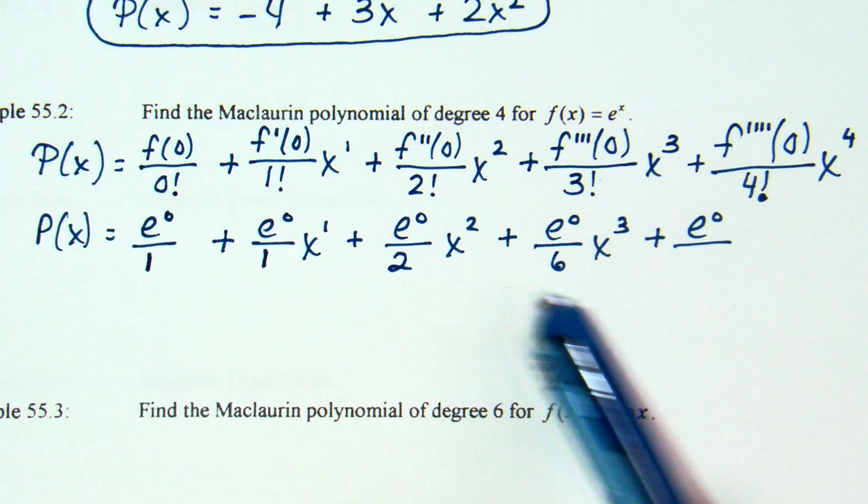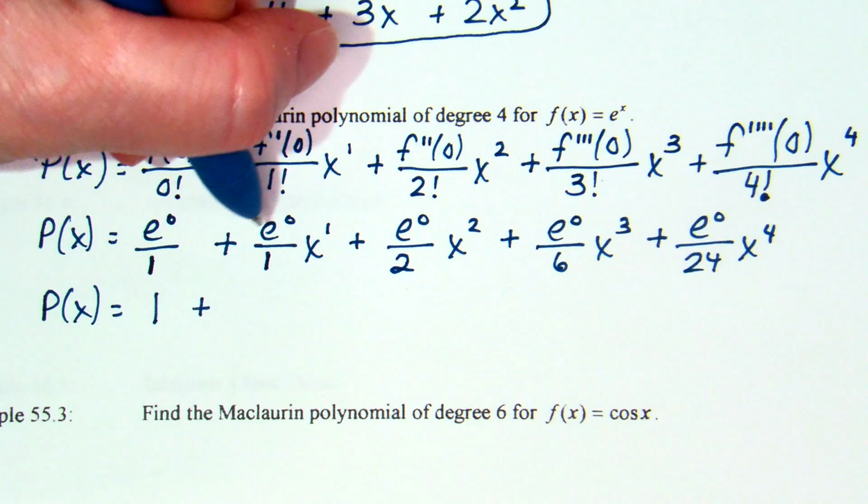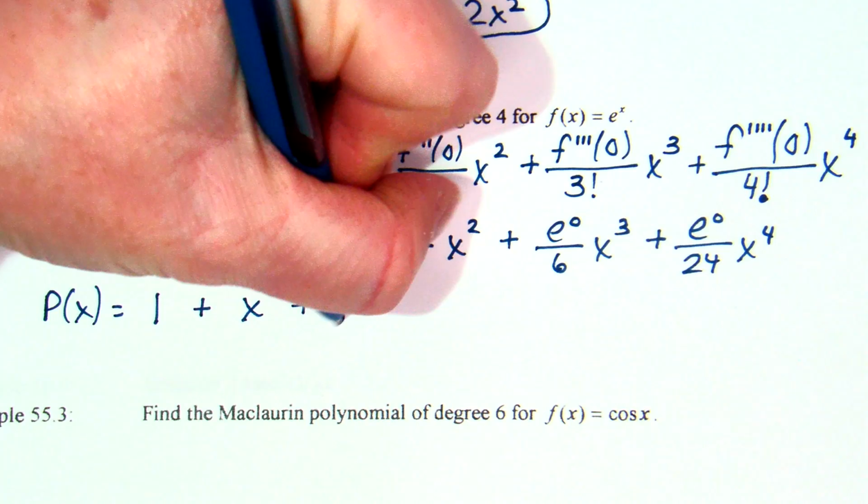Okay, there's a couple different ways we could write this answer. Obviously, we would not leave all those e to the zeros, right? Anything raised to the 0 power is 1, so those are all 1s. 1 over 1 is 1. Plus 1 over 1 x to the first, x. What about e to the 0 over 2 x squared? You can say 1/2 x squared.